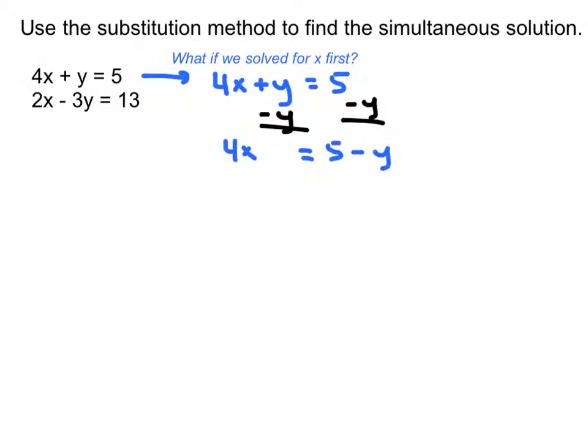And because the x still has a coefficient of 4, we would have to divide both sides or every term by 4 in order to solve the equation for x. So that would leave us with x equals 5/4 minus y over 4, which is 1/4 y.